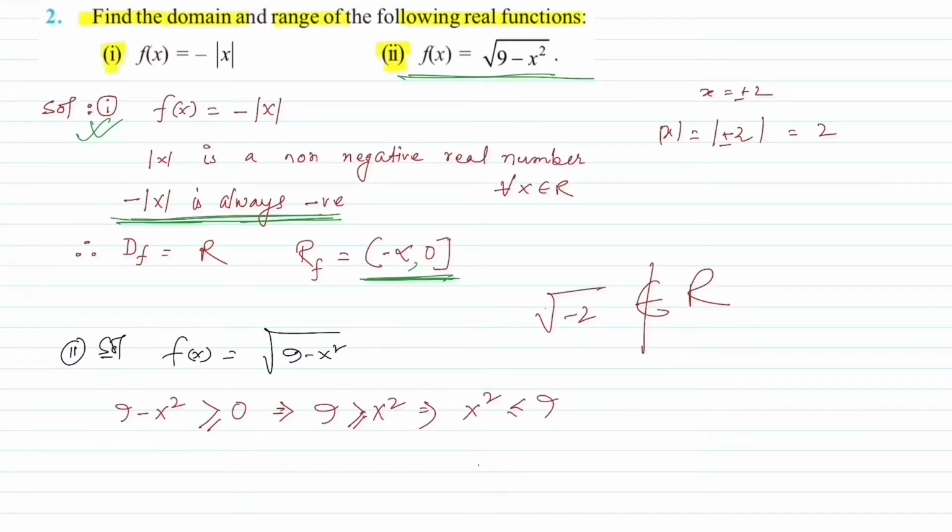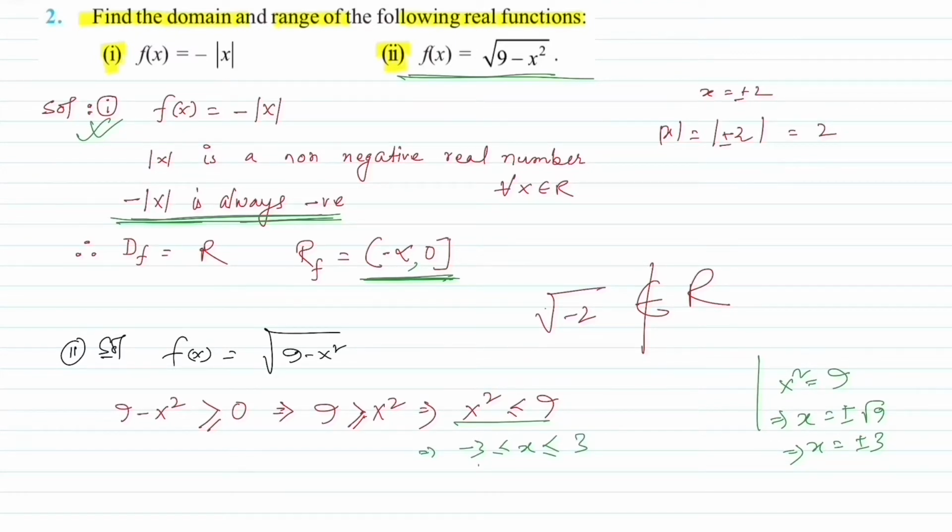Now we know that if x square is equal to 9, in that case x is plus minus root over 9, that is plus minus 3. So in this case x must be greater than or equal to -3 and less than or equal to +3.